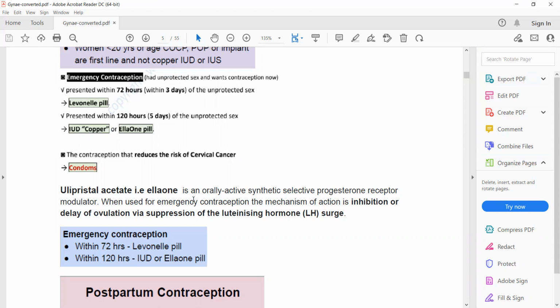After unprotected sex, if the patient presents within 3 days, then Levonorgestrel pill, and if she presents within 5 days, then Ella1 pill or ulipristal acetate or IUCD can also be used as an emergency contraception.